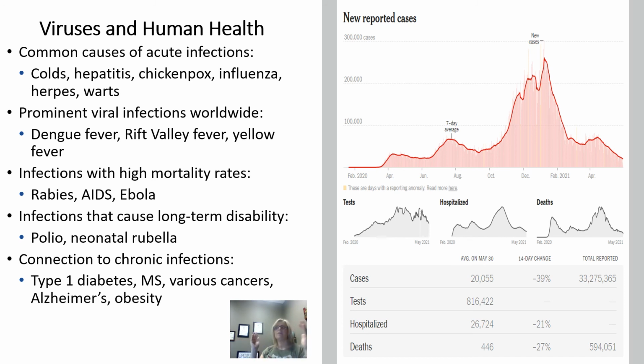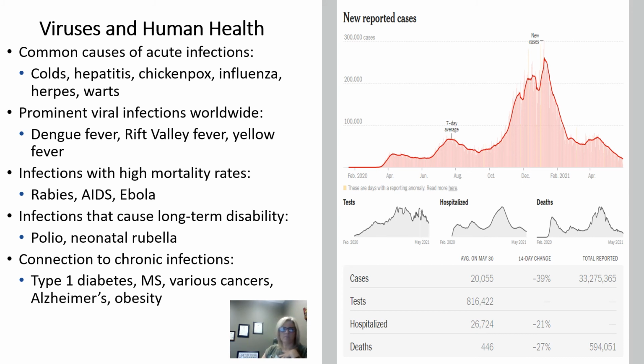I was hoping to find a nice little graphic that kind of showed all of these, but there wasn't really any. So I got one here on COVID. This is actually from May of 2021. It is impossible really to accurately measure worldwide viral infections because of lack of reporting. But anyway, so this is coronavirus here, new cases.